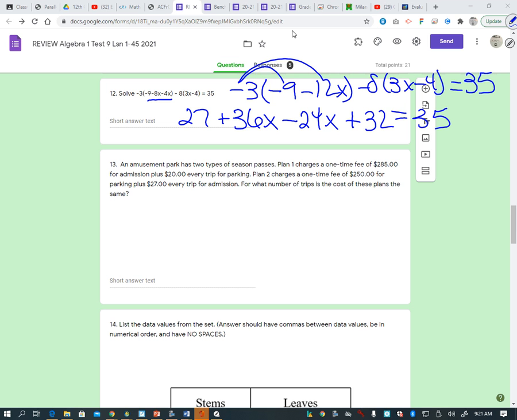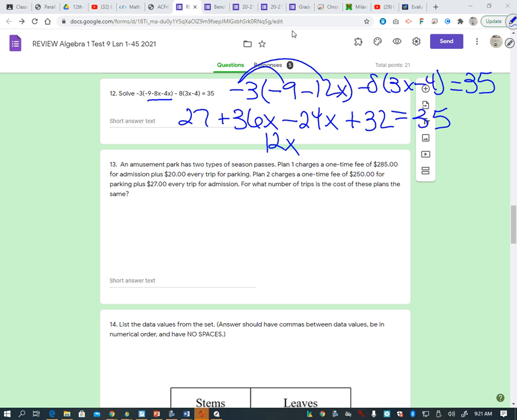Now what do I want to do with everything on the left-hand side? I want to first combine like terms. What's 36 minus 24? 12. Just 12? 12x. What about 27 and 32?